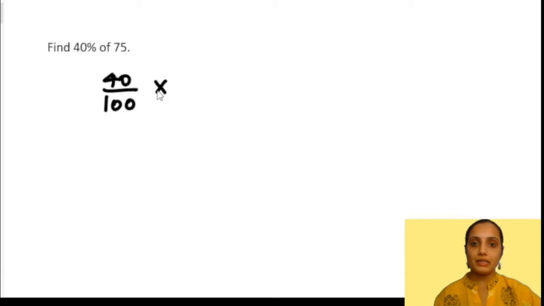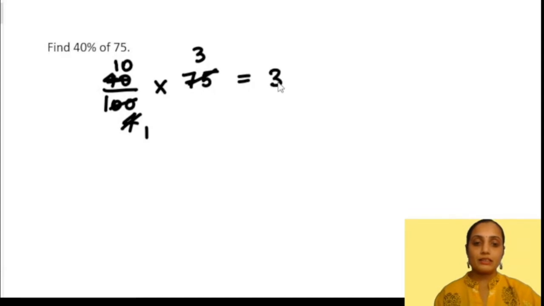Of is always multiplication, into 75. Now here, 25 is the HCF. 25 3 times is 75 and 25 4 times is 100. Again 4 1 time and 4 10 times. So this gives us 30. That means 40% of 75 is nothing but 30.